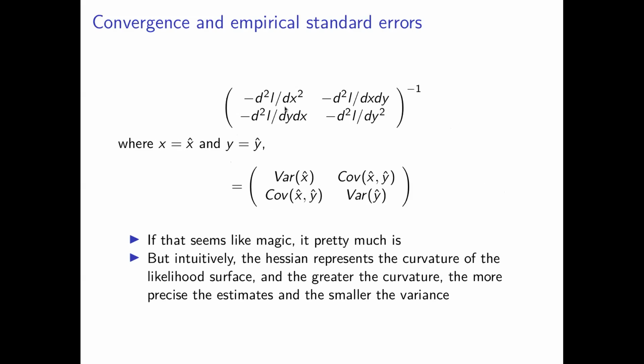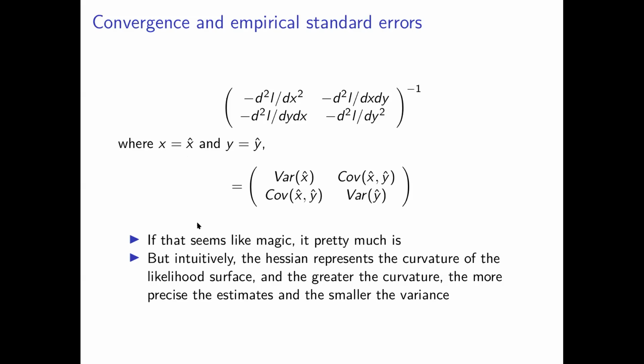And when you evaluate this Hessian at the minimum of the negative log likelihood function, that is where you take your parameter estimates, and you take the inverse, then you get this covariance matrix for your estimates. And so on the main diagonal, you'll have the variances of each of your estimators. And if that seems like magic, it pretty much is.